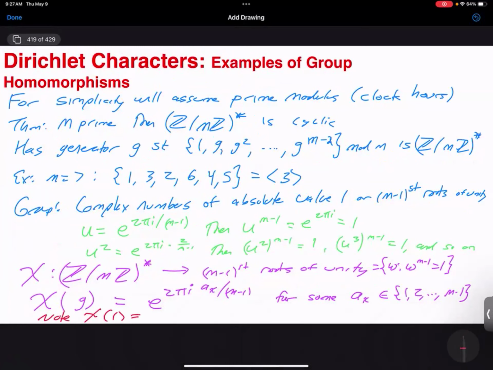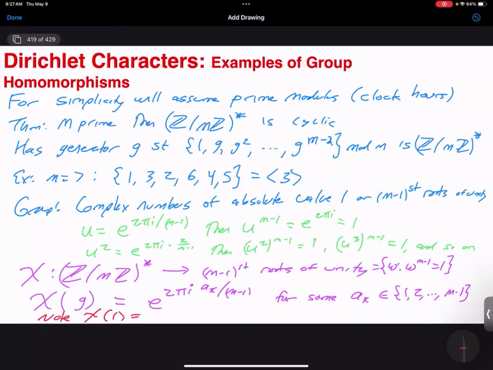What does chi of 1 have to equal? You take the identity here, where does the identity have to go? But we think back to group homomorphism. Where does the identity have to go to? It has to go to the identity.